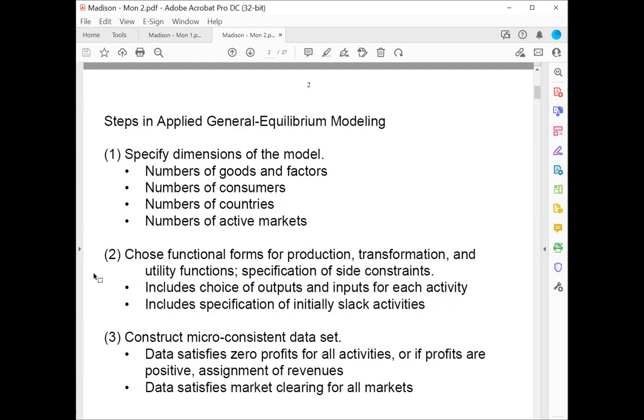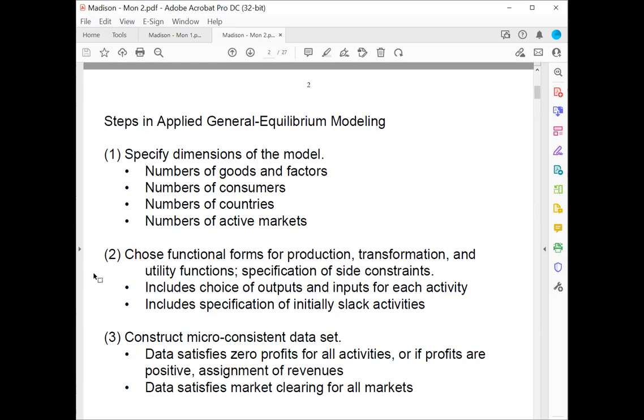Third step is construction of a micro-consistent data set. And I'll tell you in terms of an example exactly what that means. But in a simple case, it means the data satisfies zero profits for all activities, or a more general term is product exhaustion. Any revenues generated go to someone.